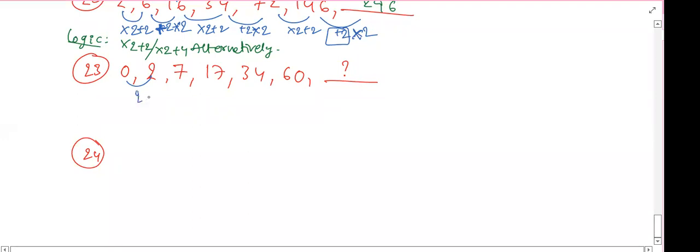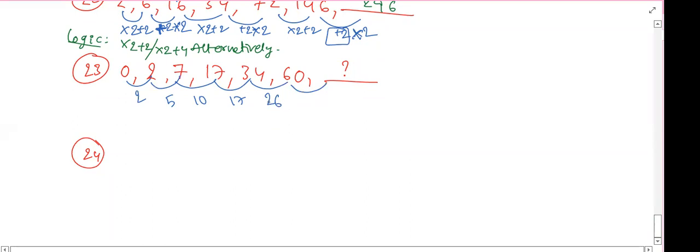Sir, 2, plus 5, 10. Oh, okay. Sir, the answer would be 17, sir. Tell the logic. If your logic is correct, then your answer will be correct. Actually, sir, there's no logic behind this. There's no pattern, sir.